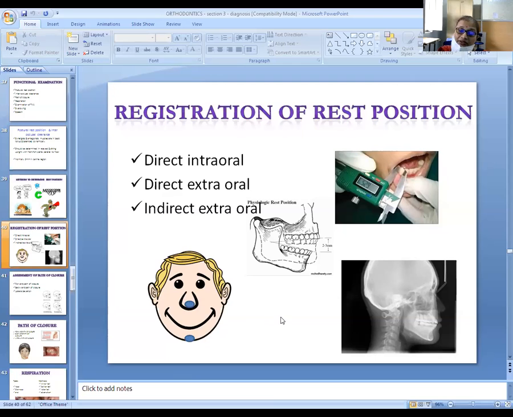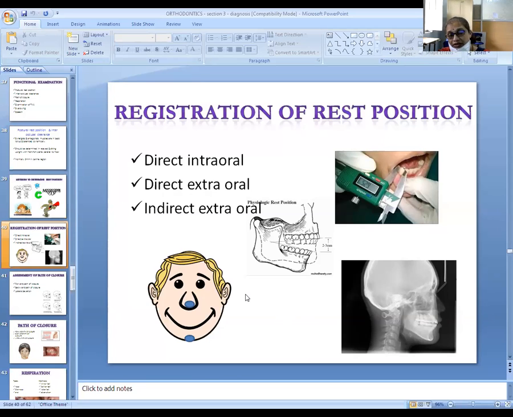Then after making the patient pronounce some phonetics, you measure again. The difference of these two will be your interocclusal clearance. Then the indirect extraoral method: you measure the interocclusal clearance from a lateral cephalogram.